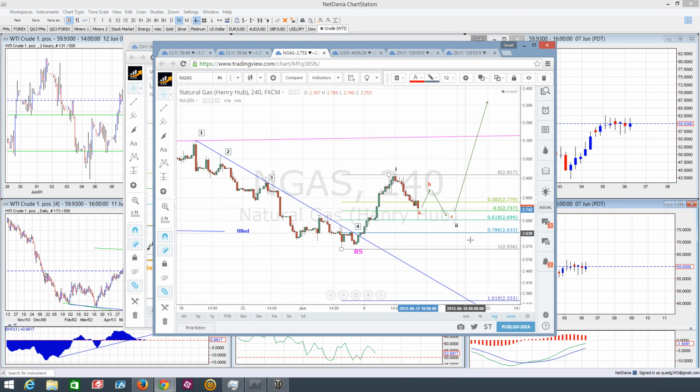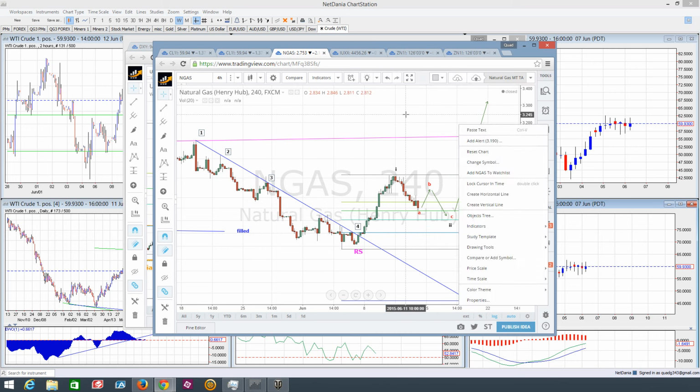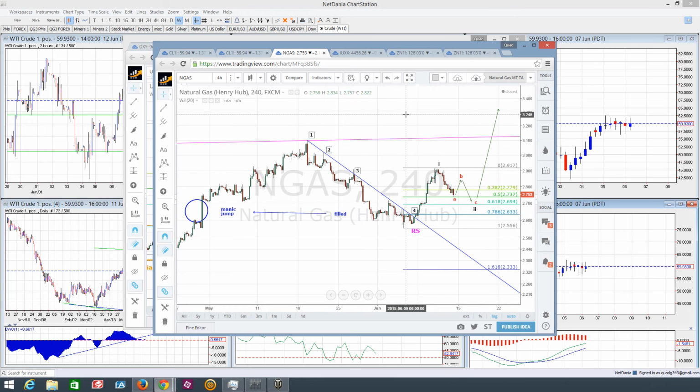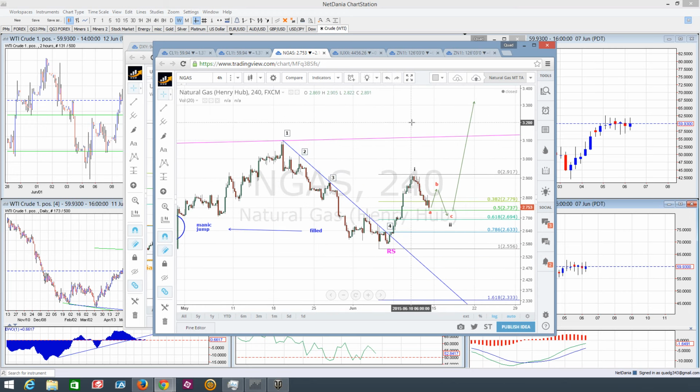That would be just a picture perfect end for wave 2, and then we see a nice wave 3 advance to the upside, which should have very little trouble breaking north of say 330 or much higher. So really good potential opportunity here. We just have to wait a few more days.